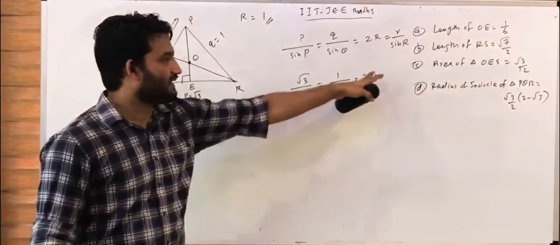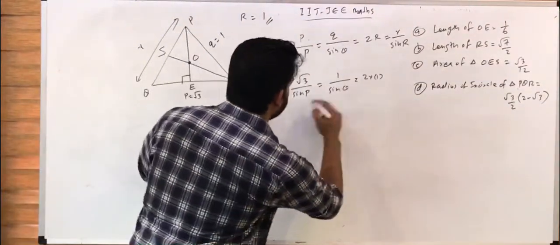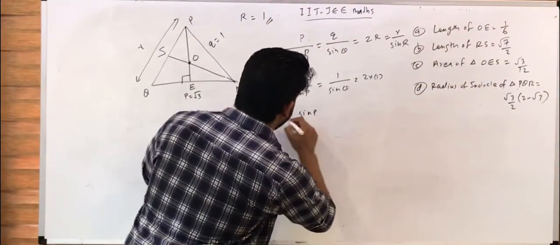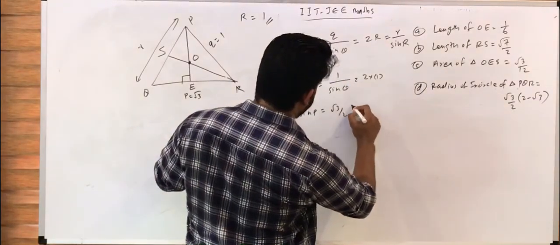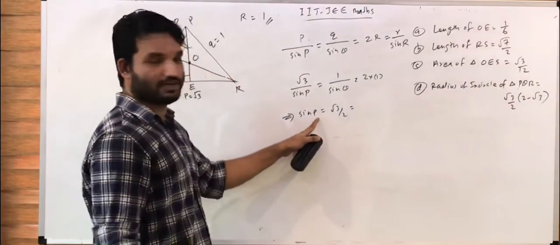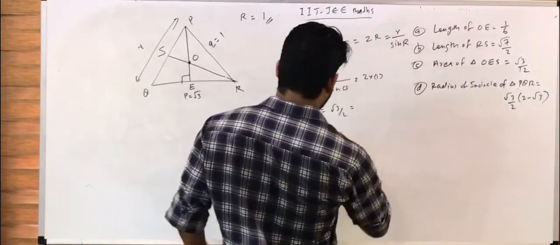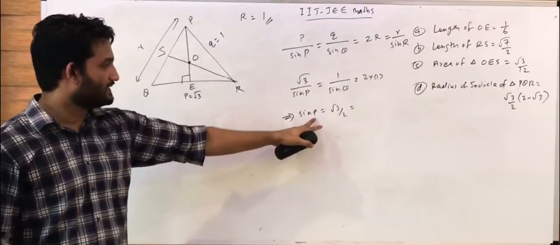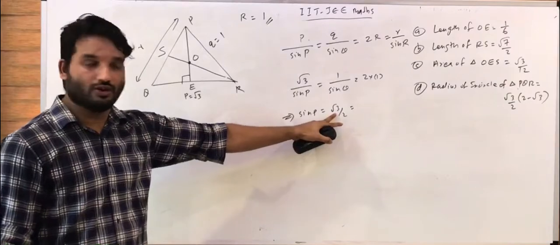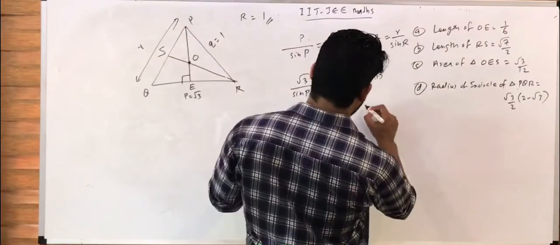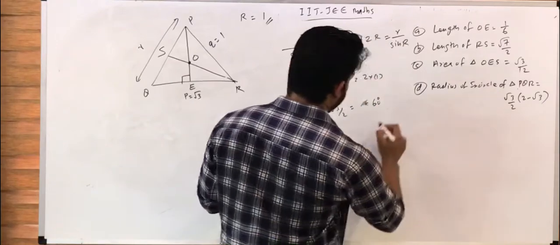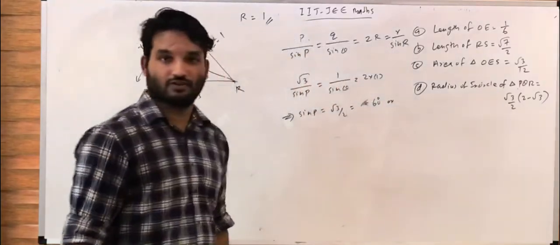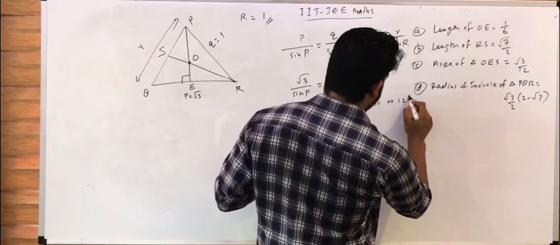So from this we get the value of sine p. Sine p is equal to root 3 by 2, which means p is equal to 60 degrees or 120 degrees.